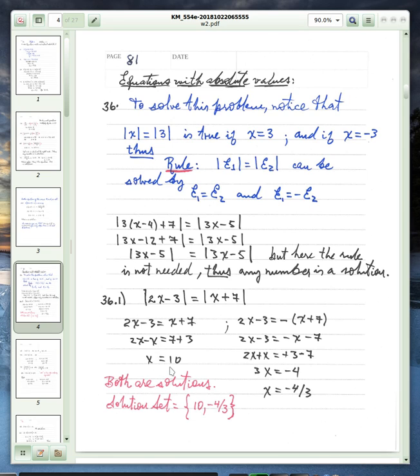In the first case we get x equals 10. In the second case, after going through the steps, I get x equals negative 4 over 3. And finally, I state that the solution set is the union of both: 10 and negative 4/3. So those two are solutions for my original equation with absolute values. You can test it and you will see that it works.